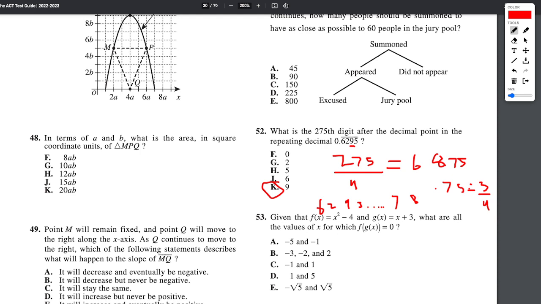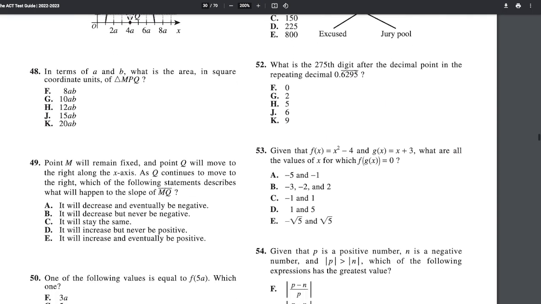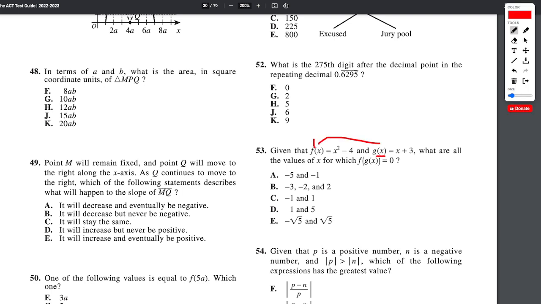53. I shall scroll down only so I can get more space to do the problem. There we go. Alright, 53 says, given that f of x is x squared minus 4 and g of x is x plus 3, what are all the values for which f of g of x equals 0? We're going to take the g of x equation and plug it into the f of x equation. It's asking for f of g of x, not g of f of x.